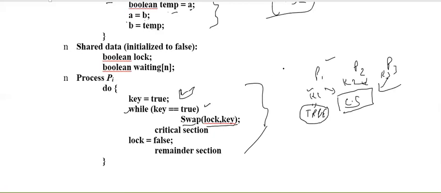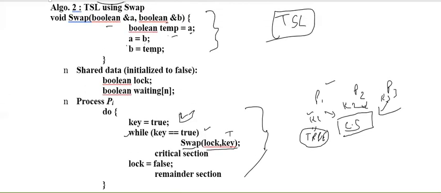And the swap function says that it has lock and key. We know that key is true, and at the start, lock is false. So swap says that I have a false value and I have a true value. Because of this swapping, lock becomes true and key becomes false.